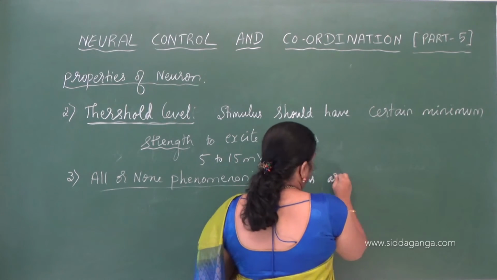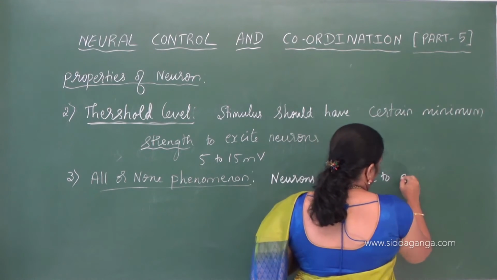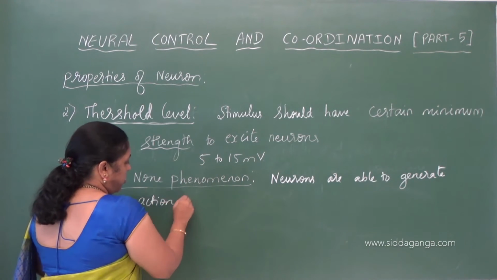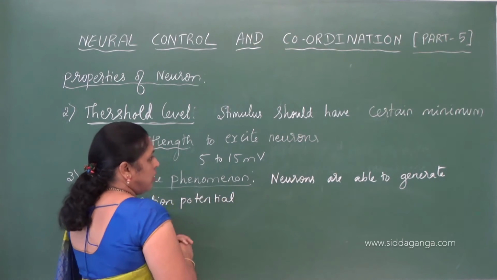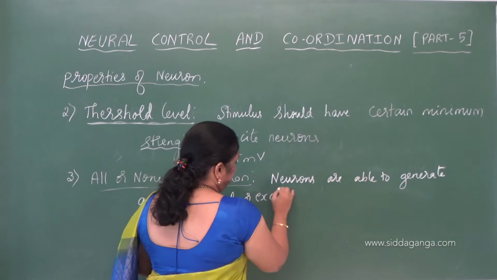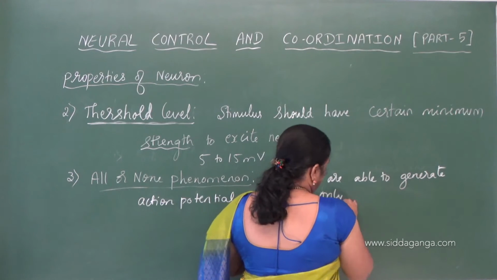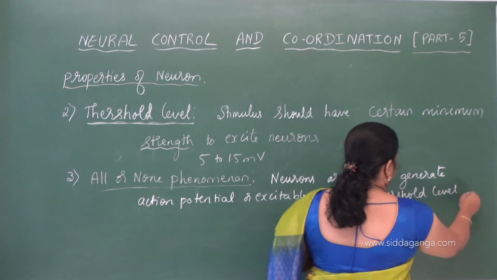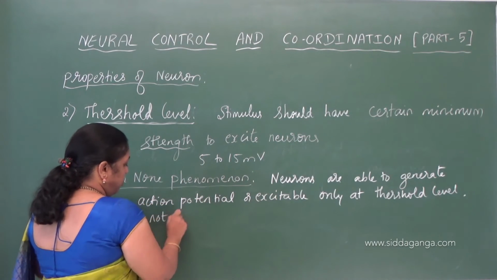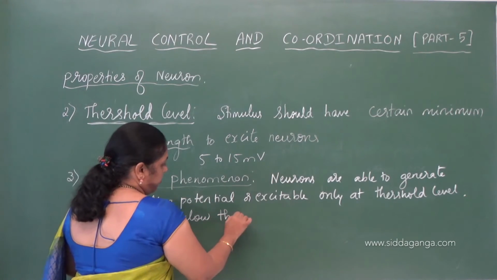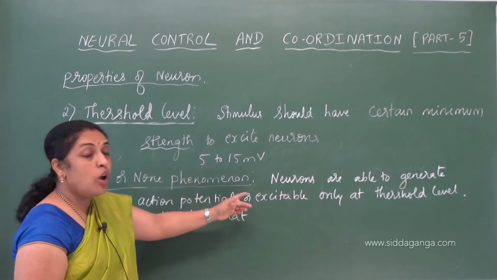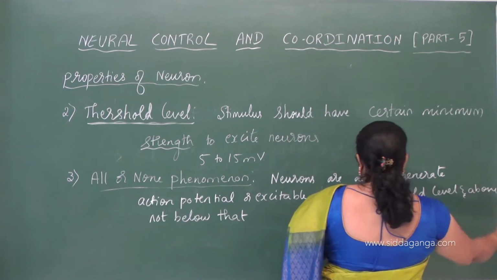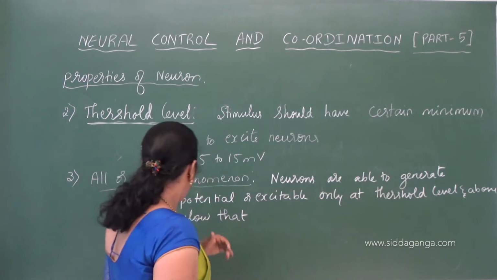So all or none phenomenon means neurons are able to generate action potential or are excitable only at threshold level or above, not below that.